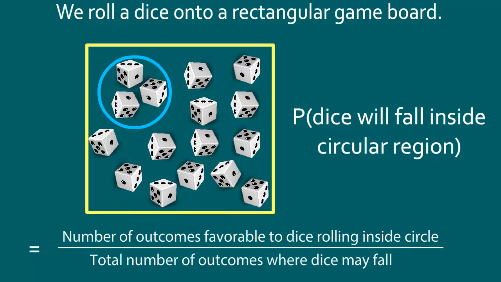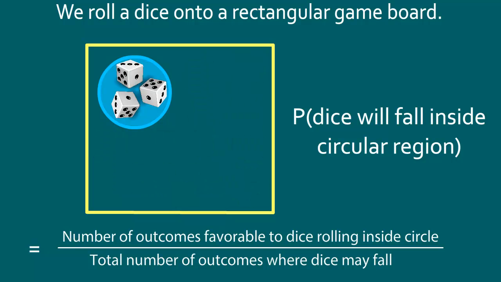In other words, we are trying to find all possible outcomes that capture the dice falling inside this circular region. The dice can fall here, here, anywhere inside the circle. So how do we actually find that out?